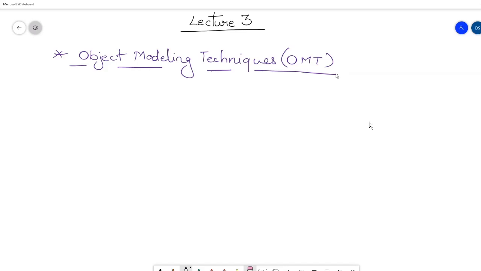So, in object modeling technique, three models were proposed by three scientists or researchers.